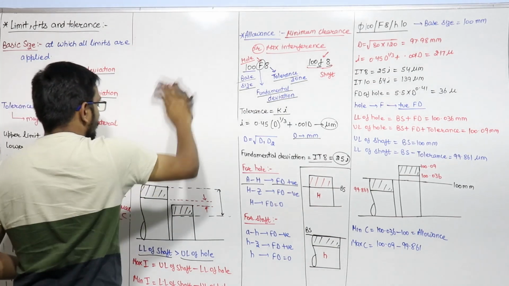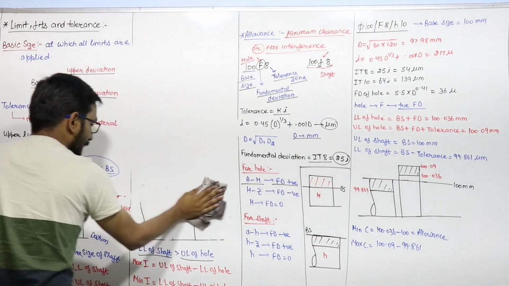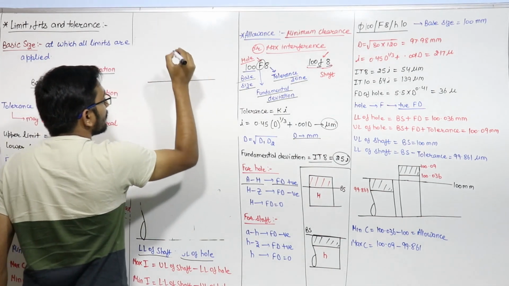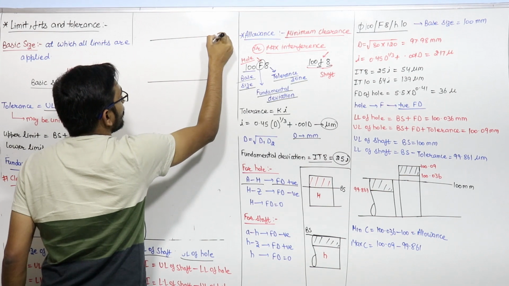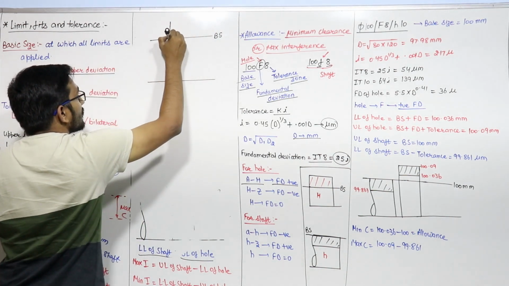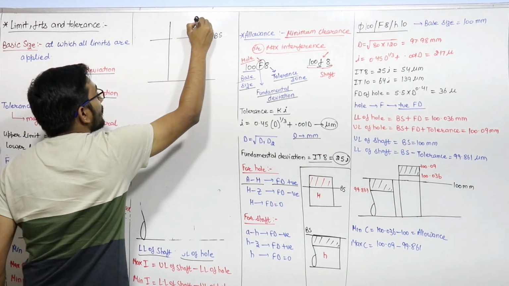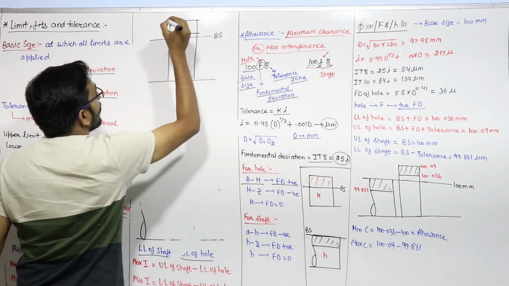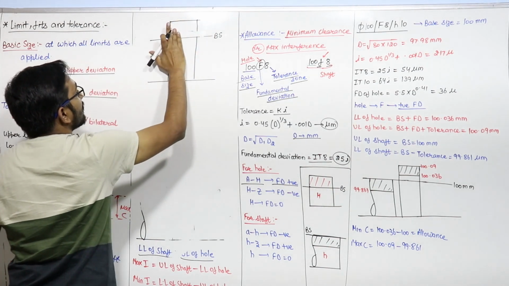If I draw here, suppose this is the hole, this is the datum line, this is the reference here, basic size. Fundamental deviation means, suppose this is the hole, I represent hole like this. So this is the lower limit of the hole, this is a straight line.